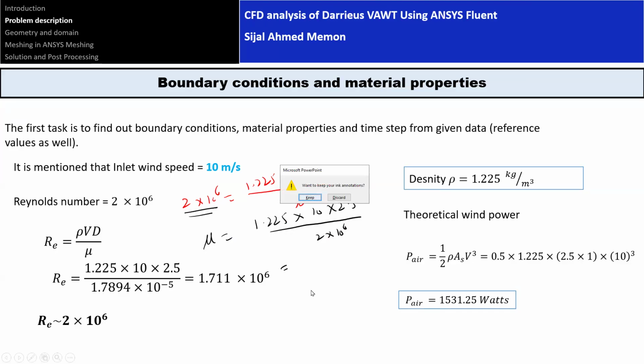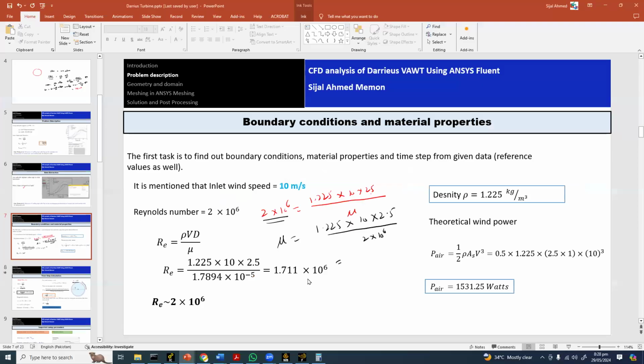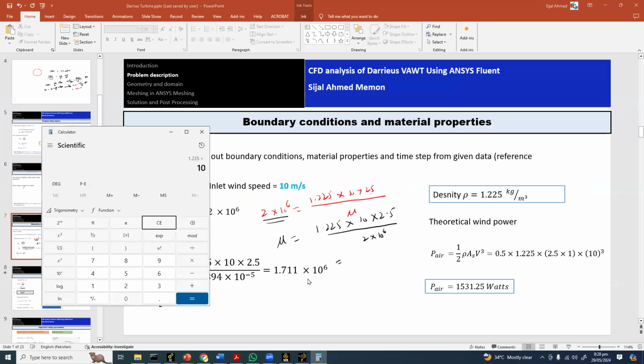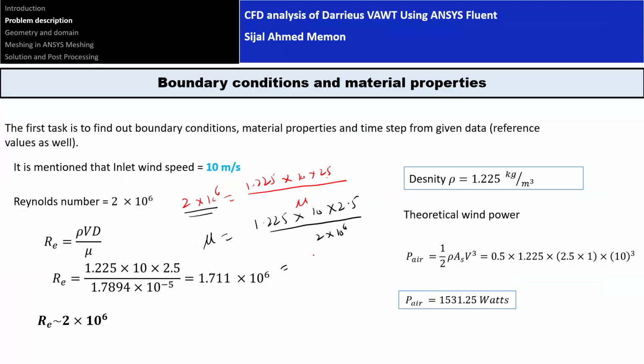This is equal to 15.3125, so you can write it as 1.53125 times 10 power minus 5 Pascal second.